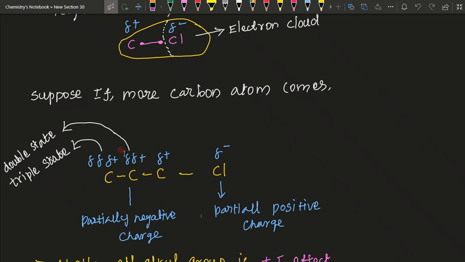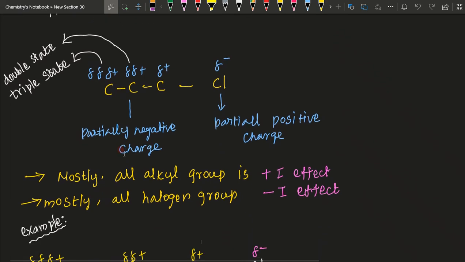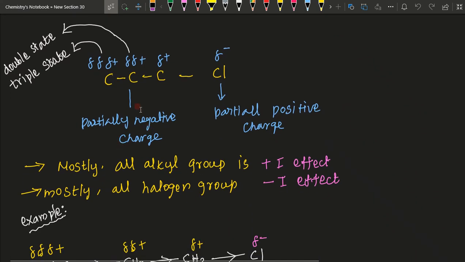See below. This is the partially negative charge. Sorry, I wrote it mistakenly.